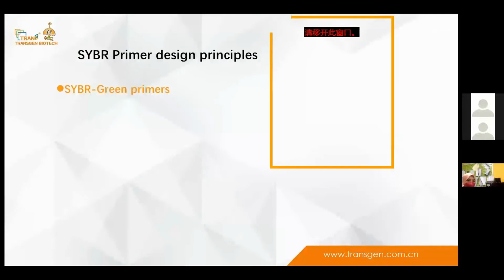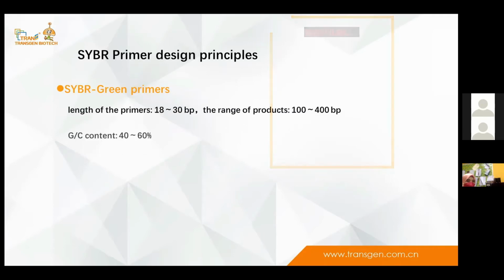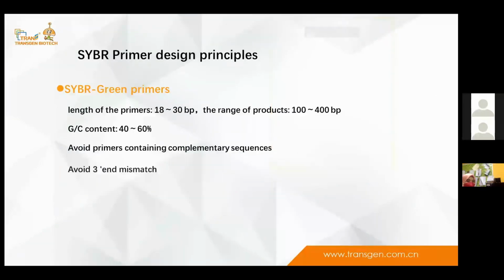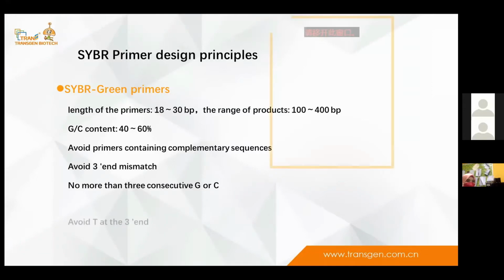Also, when we do the qPCR, we have to design the primers. There are several principles when you design the SYBR Green primers. The first one is very important: the length of the primers is 18 to 30 bp, and the range of the products is 100 to 400 bp.